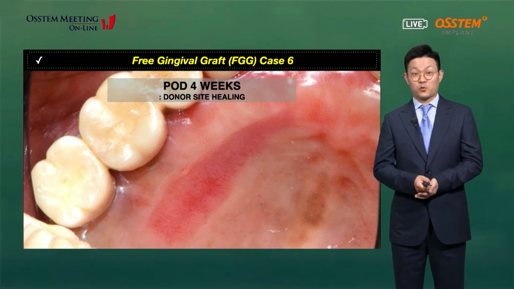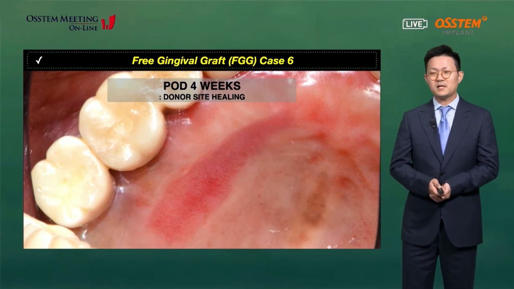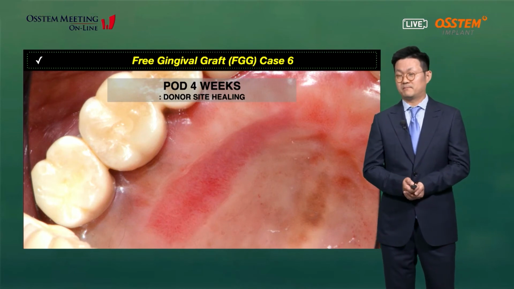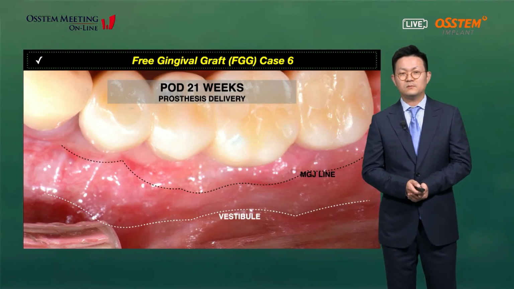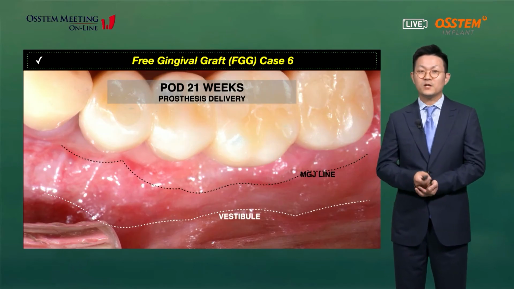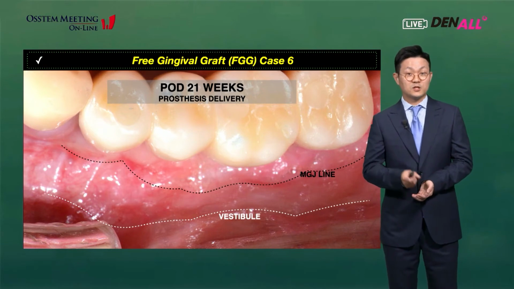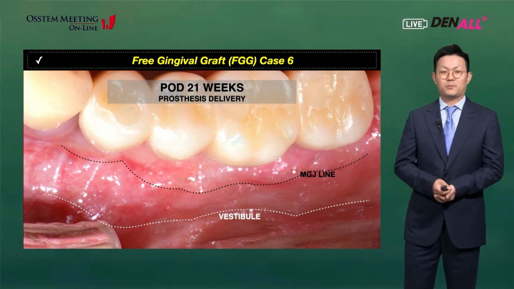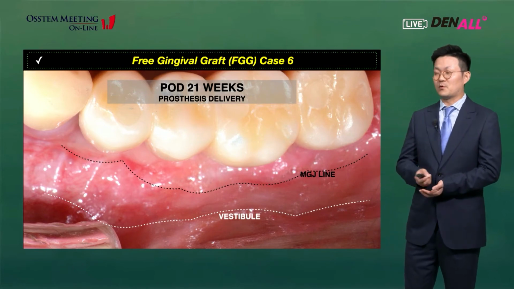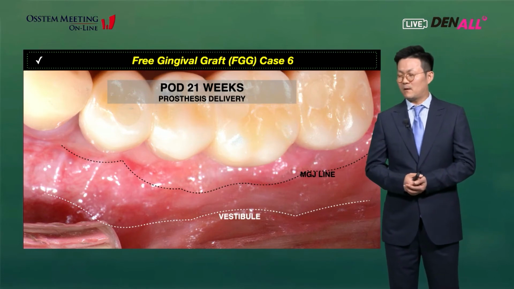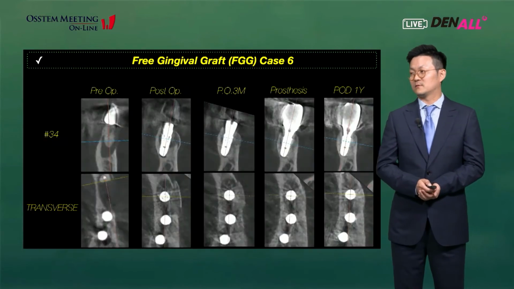After 4 weeks, the donor side was healed very well. Patient feels no pain at this point. So after 21 weeks, I delivered the prosthesis. As you see, the mucogingival junction is far from the prosthesis, and the vestibule was reconstructed in a very deep position.